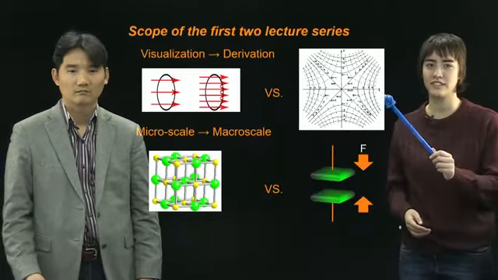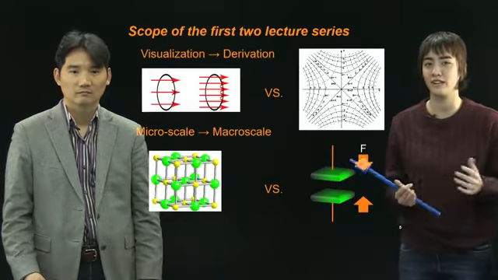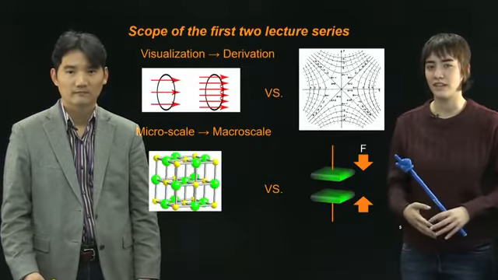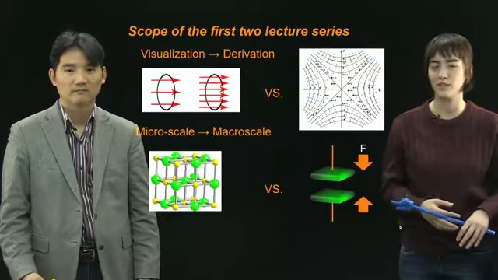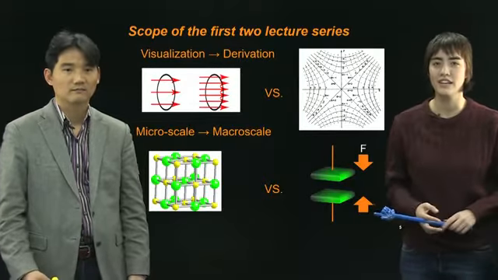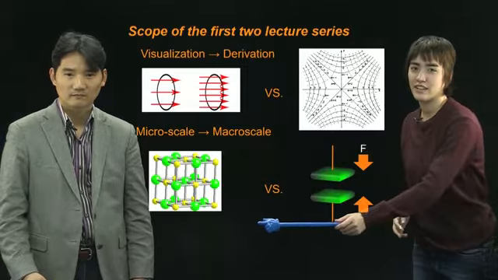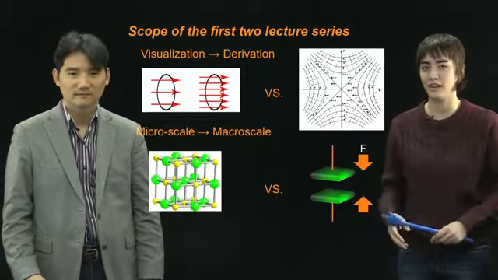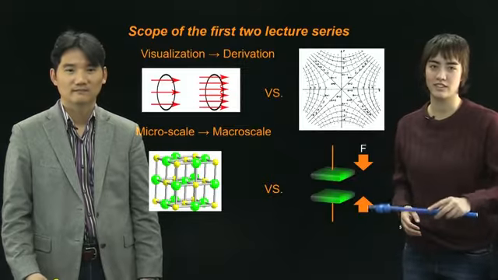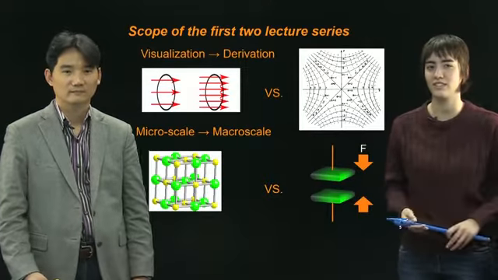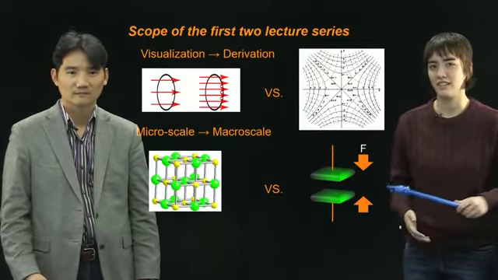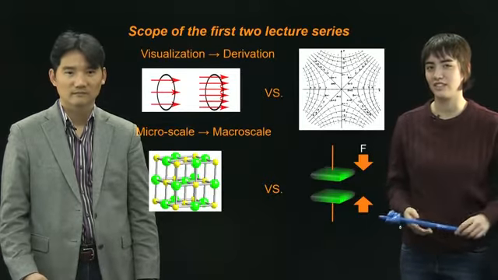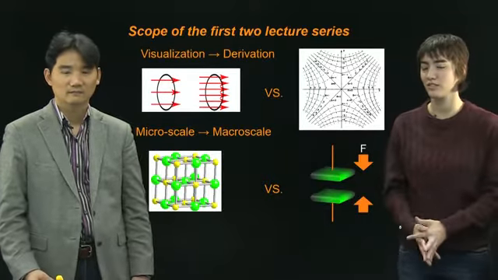Then we also did derivation. We told you a lot of mathematical ways to come up with solutions for many different scenarios. We also took a look at the full picture. We talked about the microscale, forces between atoms, and then the macro scale, which is forces in capacitors. That's just in the first 2 lecture series, and then we also did more in the 3rd one.